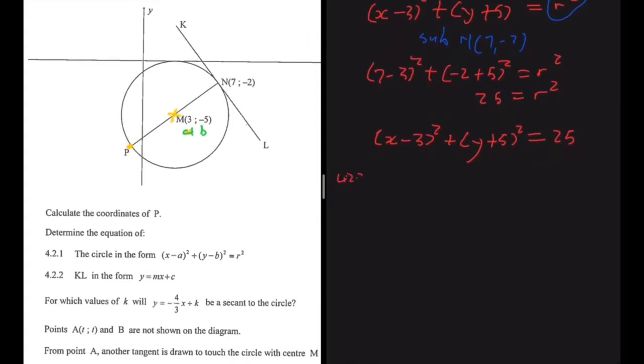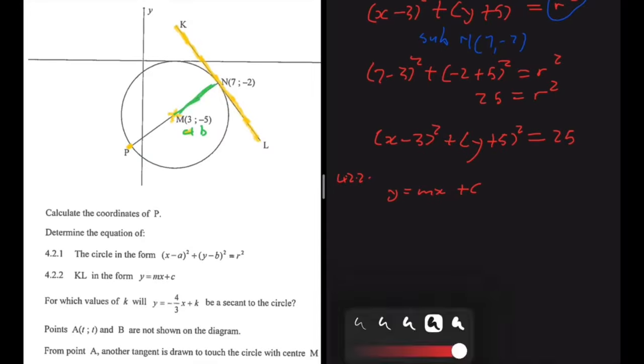4.2.2. So 4.2.2 is saying let's determine the equation of KL in the form y is equal to mx plus c. So let's look at KL. Is this line here, which is a tangent to the circle, right? We don't have the coordinates of k or l, but if we calculate the gradient of mn, then we're going to use that to find the gradient of KL.